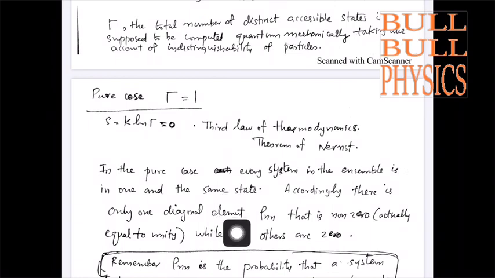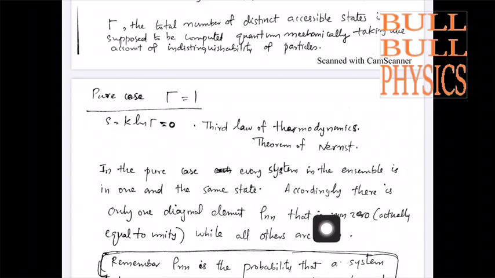So when we consider the ensemble, it is a group of a very large number of similarly prepared, identical systems, which are in different microstates. But in this case, since we have only one microstate, every system in the ensemble is in one and the same state because other states are not there.